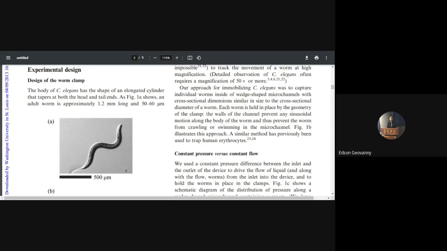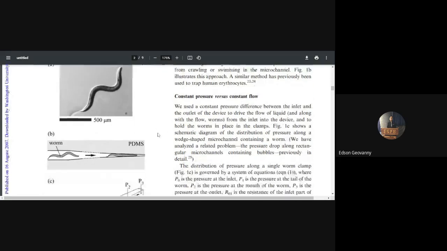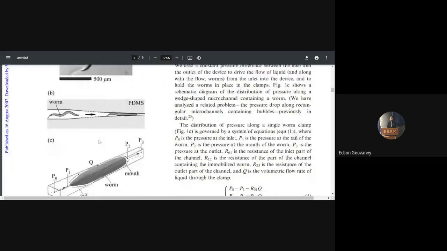C. elegans is shaped like an elongated cylinder, measuring approximately 1 to 2 millimeters long and 50 micrometers wide. Worms were captured in the microchannels, and the pressure difference between the inlet and outlet of the device was used to drive the liquid flow.